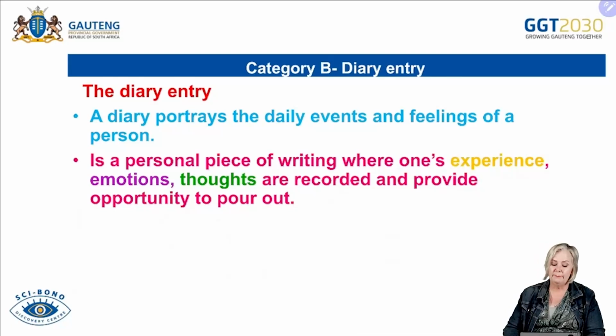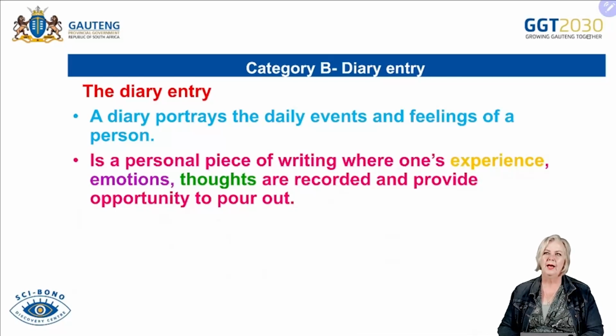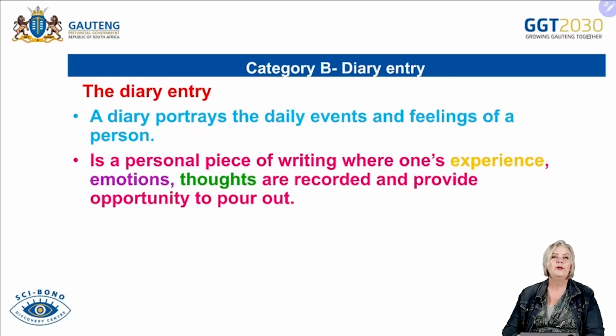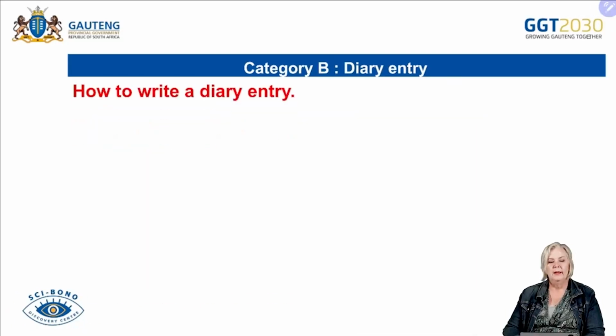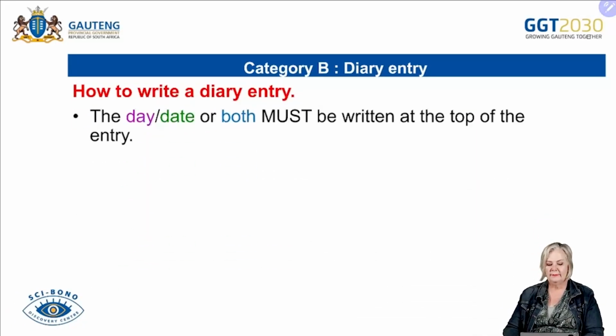It is a personal piece of writing where your experience, emotions and thoughts are recorded, and it provides the opportunity to just pour everything out on paper. It is like a best friend without ears and eyes. You just jot down your ideas, you close it, and you put it away for your eyes only. So how do we go about writing it?